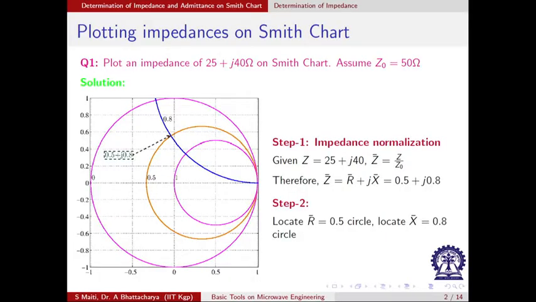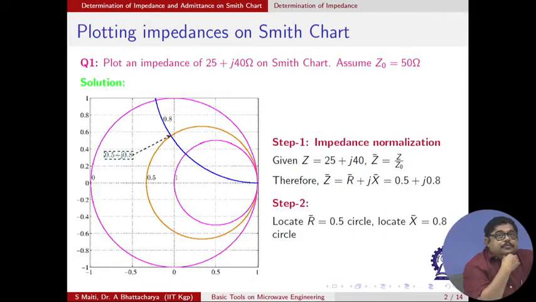Let us see, the first thing that we will do is plot an impedance of 25 plus j40 ohm on the Smith chart. Assume the characteristic impedance to be 50 ohm. The first thing you need to do is normalize, because the Smith chart is a normalized impedance chart, so that it is independent of characteristic impedance.